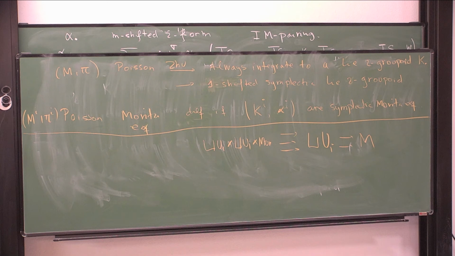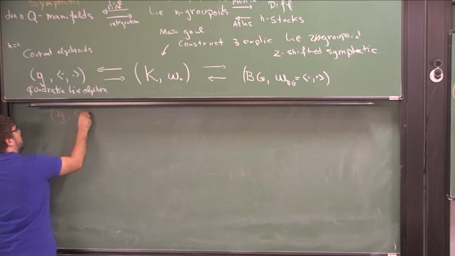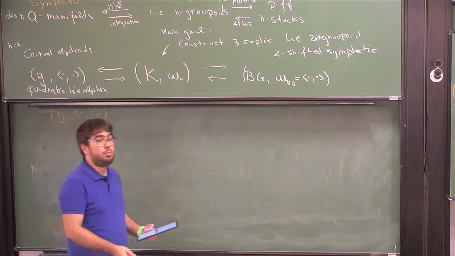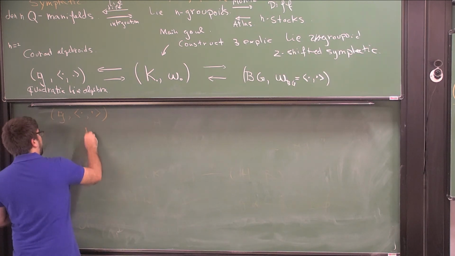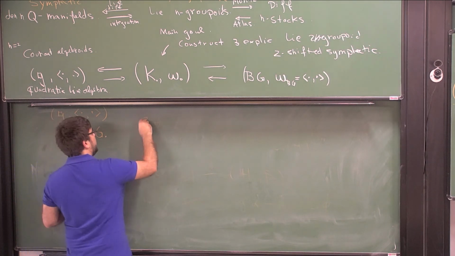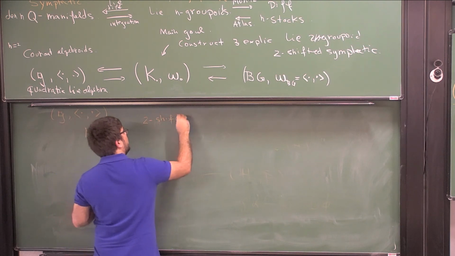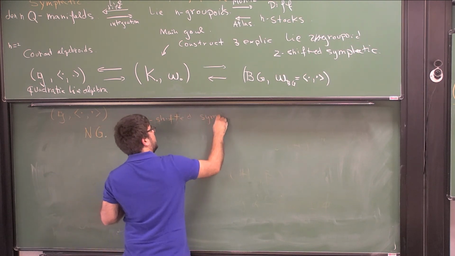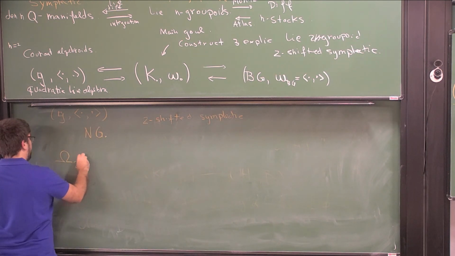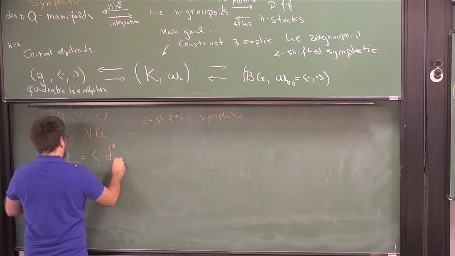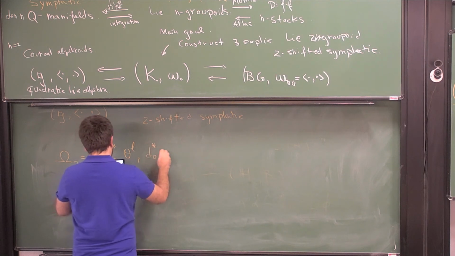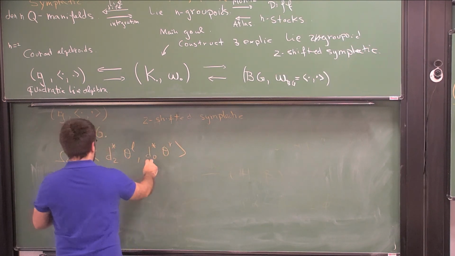So let me say that I have a quadratic Lie algebra, and then I have an easy integration of the Lie algebra, that is the Lie group that integrates it, and therefore on the nerve of my Lie group I can put a two-shifted symplectic two-form. In level 2, I use the second face map and pull back the Maurer-Cartan forms to the second level by using my face maps.